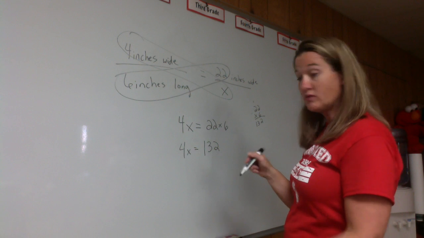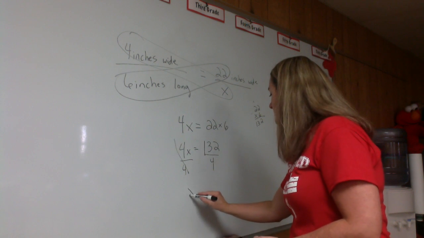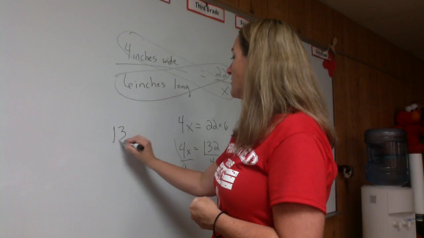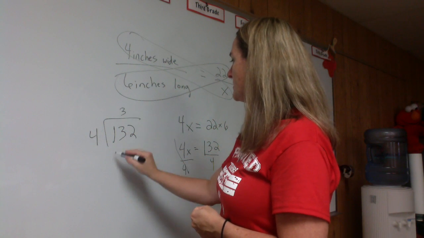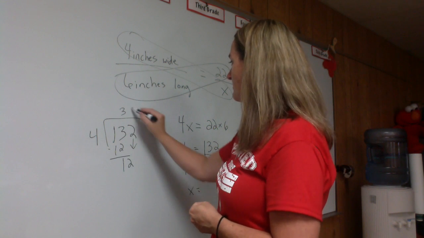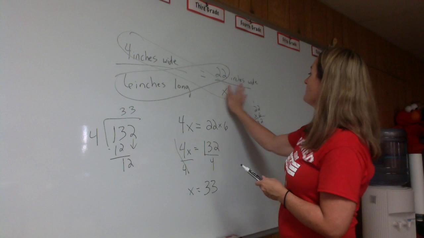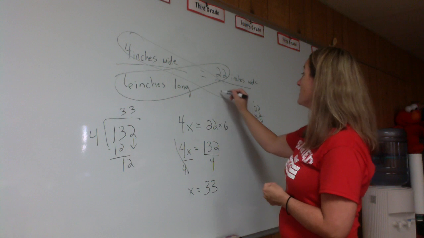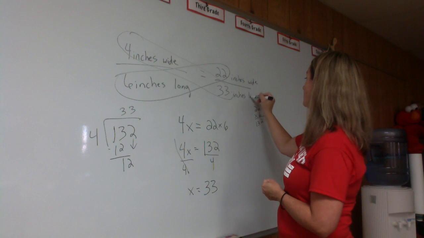I need to solve for x, so I divide both sides by 4. x is equal to 132 divided by 4. 4 goes into 13 3 times, 12, 1, bring down the 2, and 4 goes into 12 3 times. So x is equal to 33. In order for this poster to be proportional to the photograph, the length needs to be 33 inches long. That's the answer to my question.